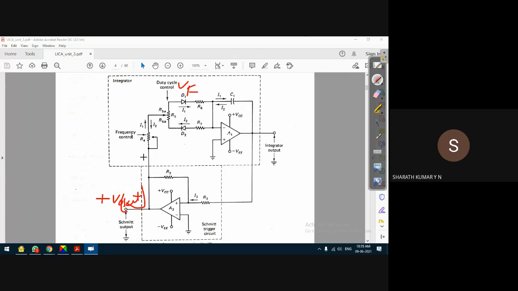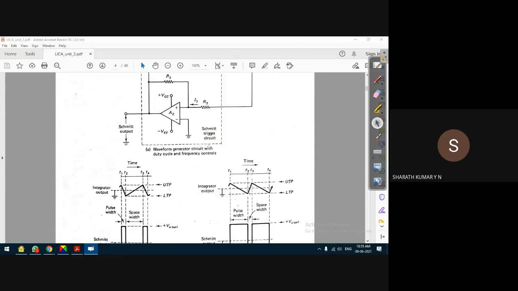The resistance is R4, R5, R6 while charging. While discharging, it is current I2, and the resistance is R7, R5, R4. That is the path for the current to flow while the capacitor is being discharged.